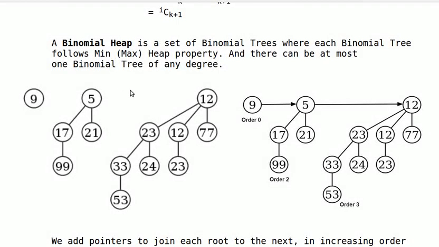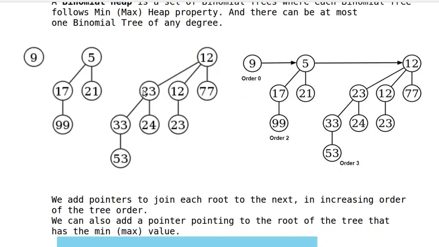You cannot have two B1 or two B0 in the same heap. And it has to satisfy the min-max heap property. Here we just consider min heap, so that means the parent has the smaller element.